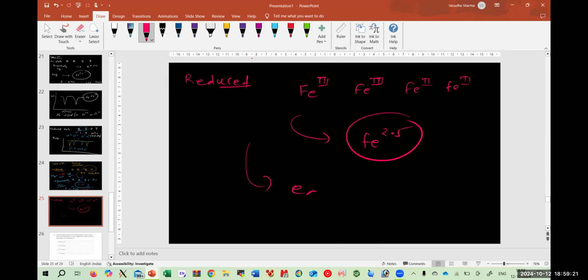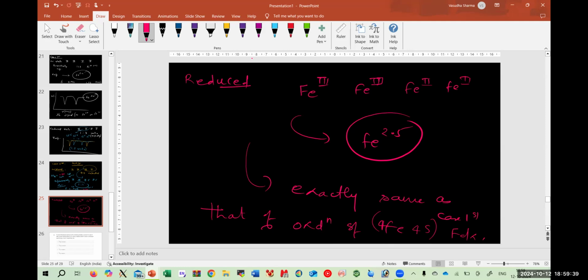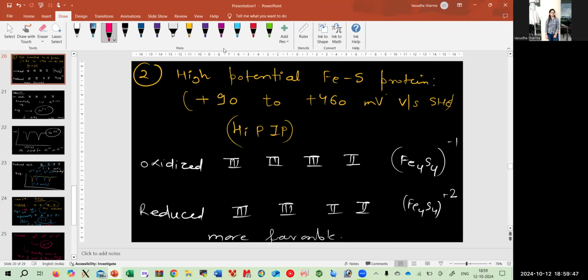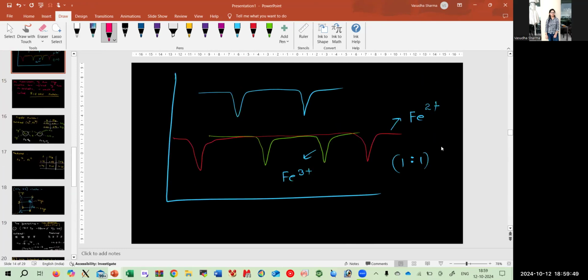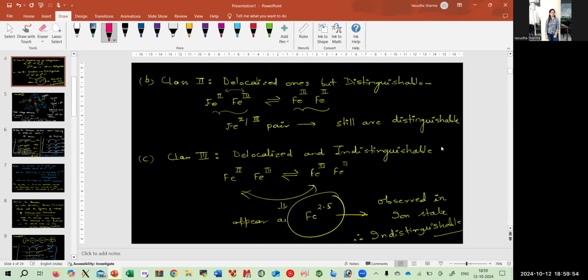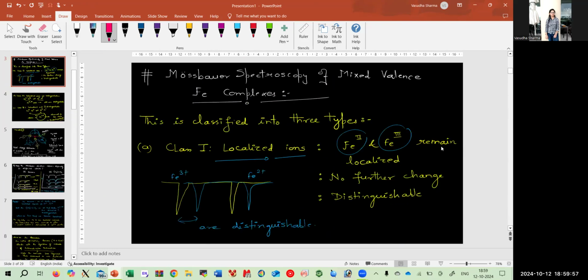So this is exactly the same as the oxidation state of 4 iron, 4 sulfur in the first case. Right? So this is how we get to know about the different possibilities, different environments, how the ligand substitutions and different solvent mediums are going to change things and influence preference.